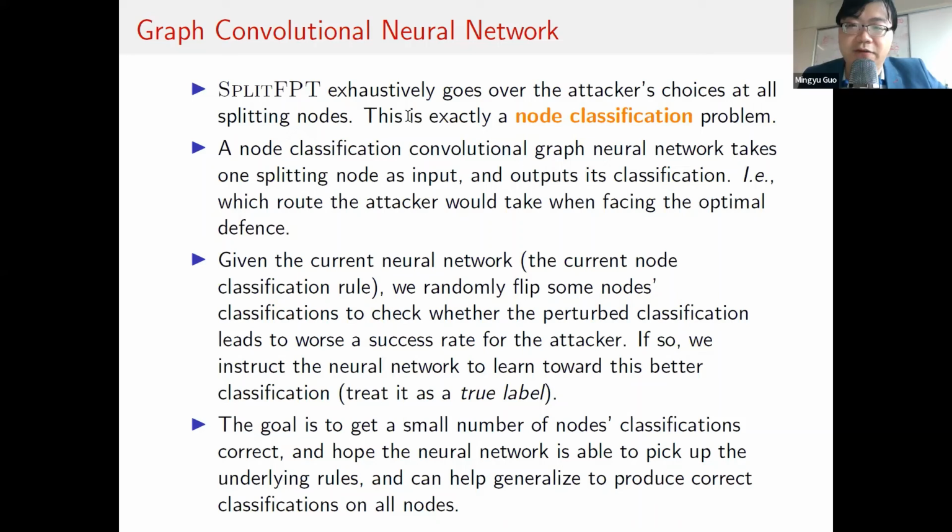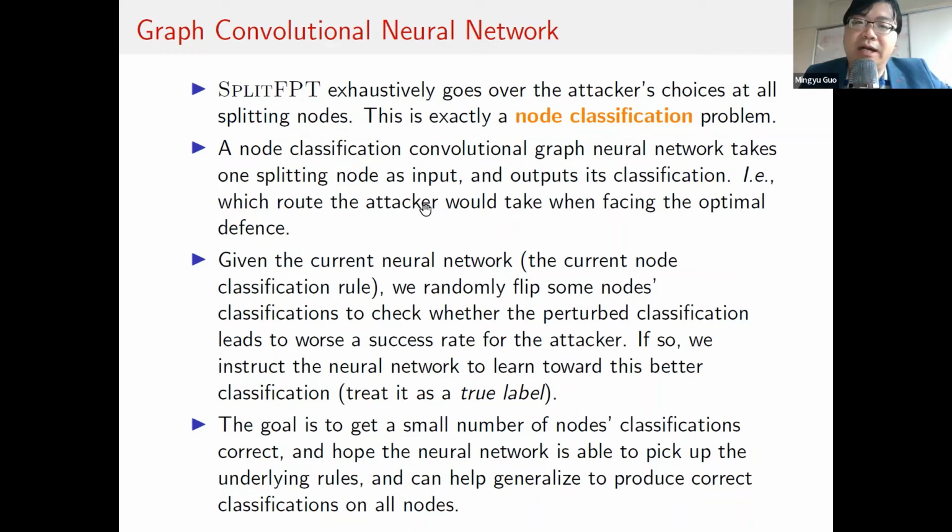So that's a node classification problem. Given a node, we classify which route the attacker would go to under the optimal attacking strategy facing the optimal defense.